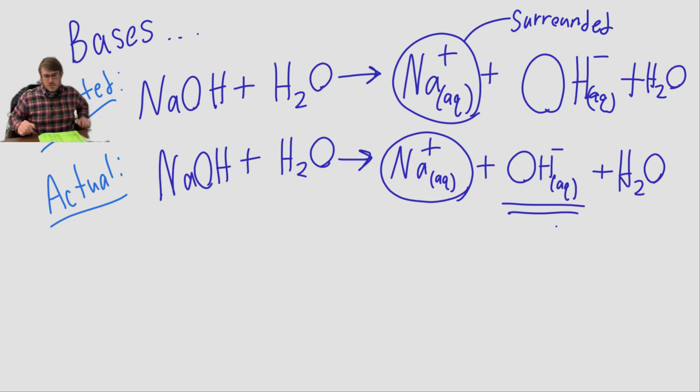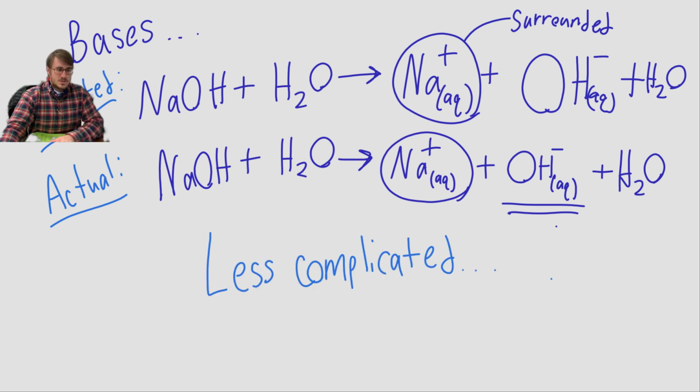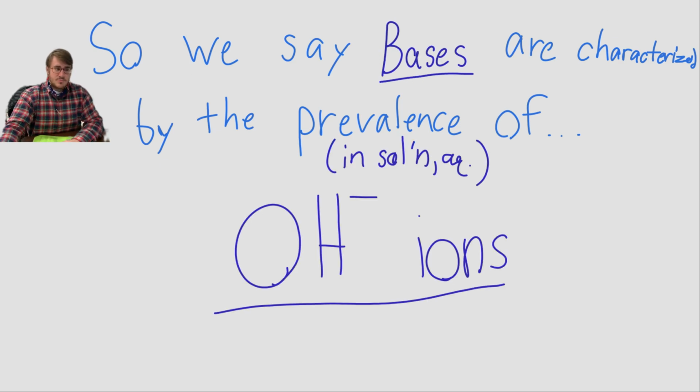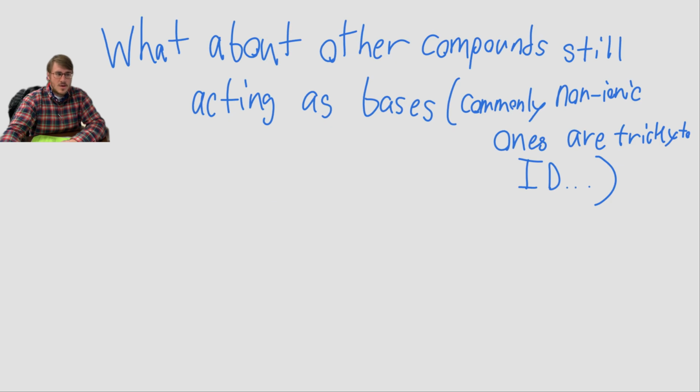This process creates an abundance of OH, which gives us the basic characteristics. So it's a little bit less complicated. We don't get a surrounding situation, but this OH ion roaming around freely. The OH ion, called hydroxide, is the reason for the prevalence of basic properties: OH ions, or hydroxide.